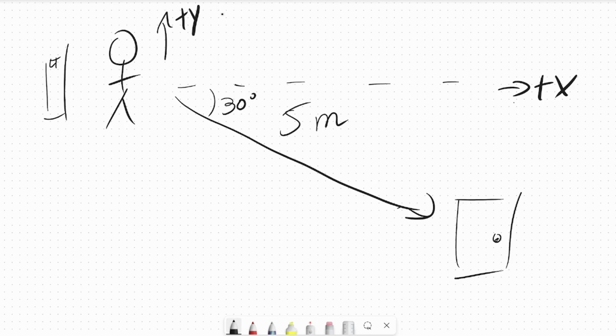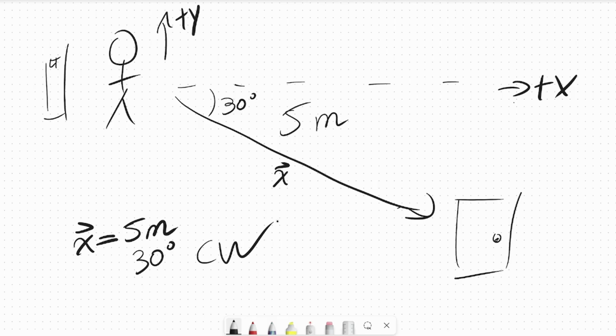This x vector is going to be 5 meters, and this time 30 degrees clockwise, right? Because now we're going this way instead of this way.